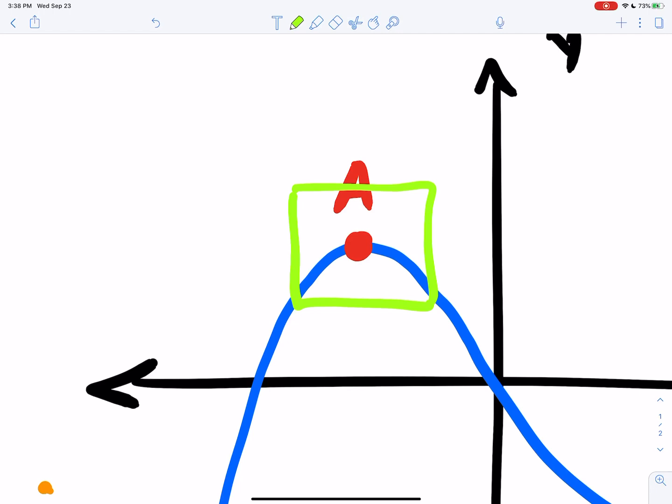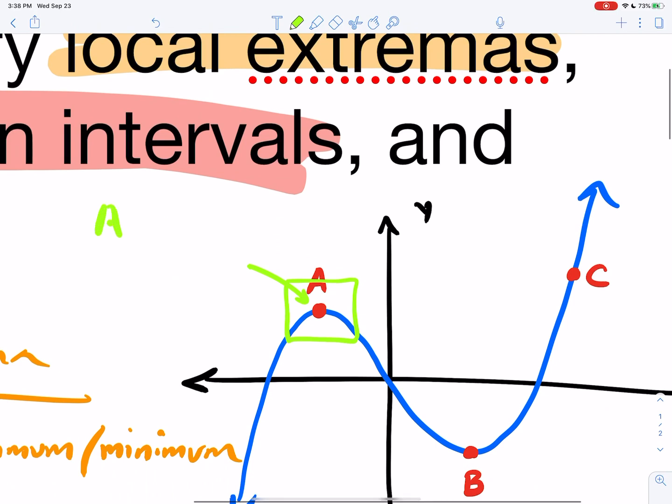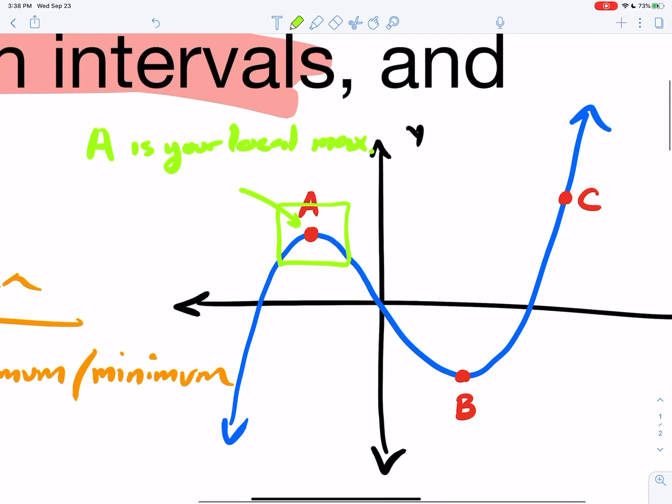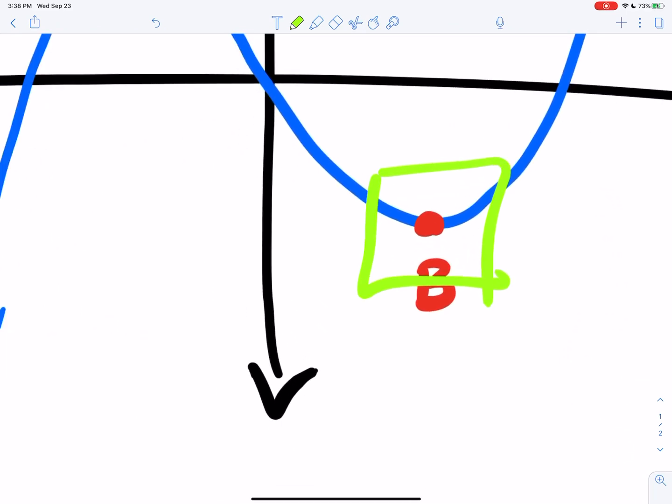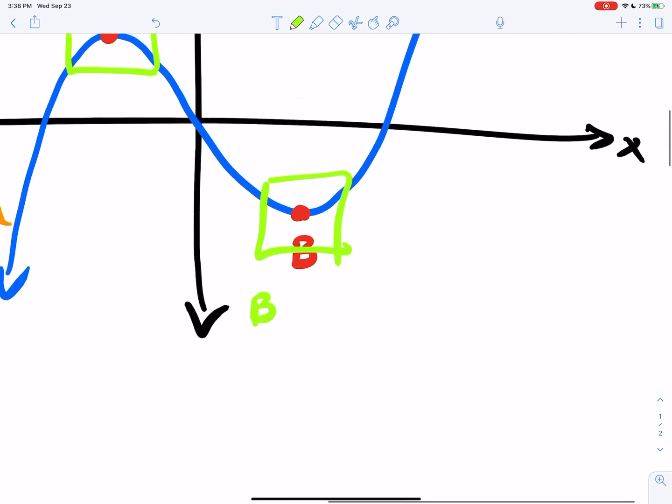Okay, so in this area, A is your local max, because in that area it is the highest point. Same thing here. If you only look in this area, B is definitely your lowest point.